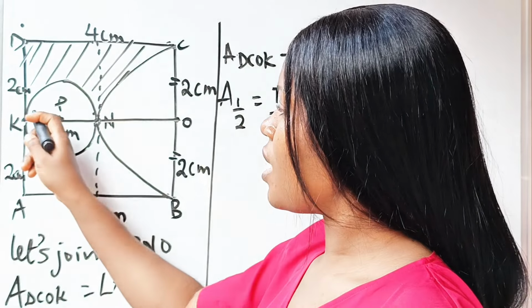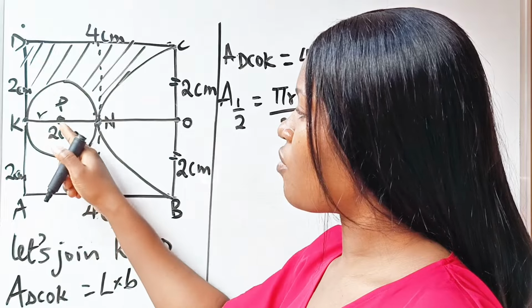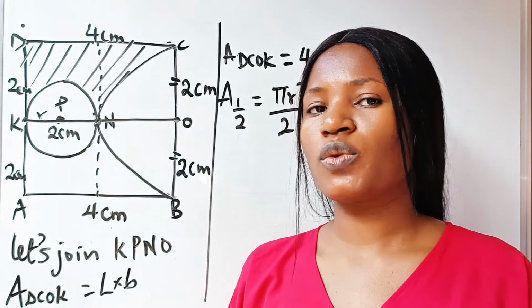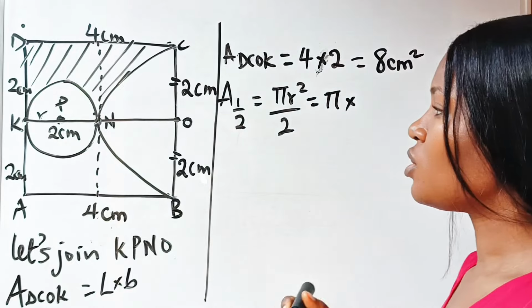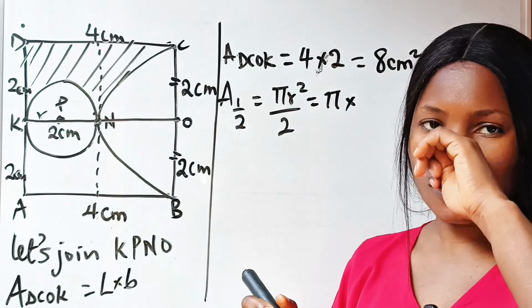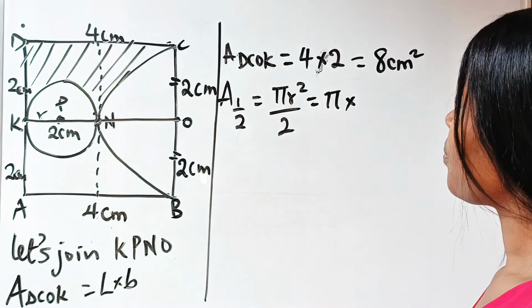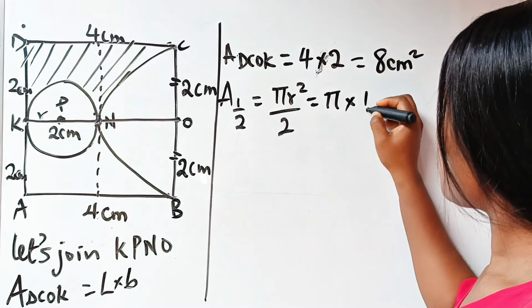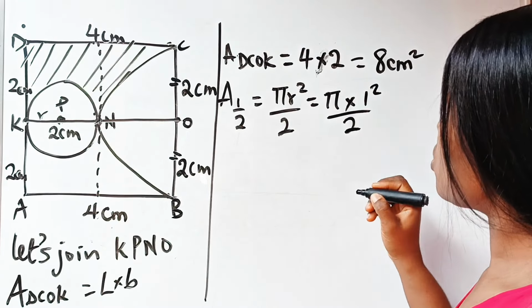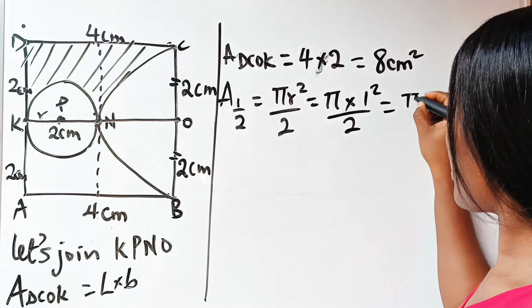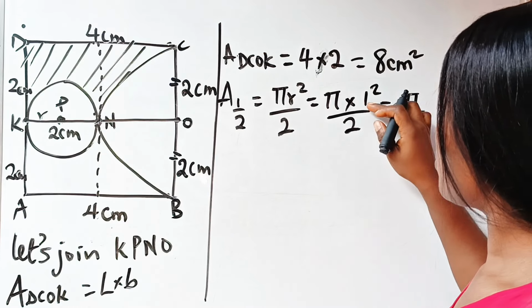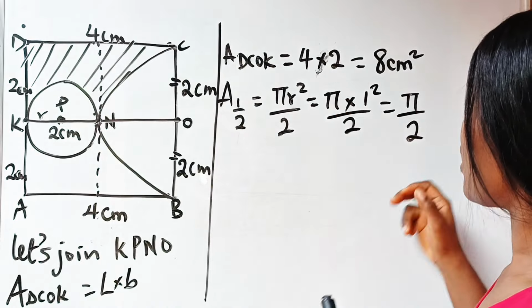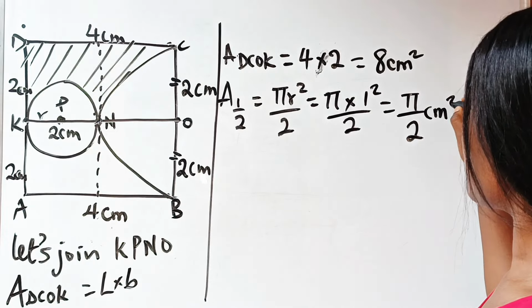So the radius then happens to be half of the diameter, which will be 2 divided by 2, which will give us 1 cm. So the radius of the smaller circle is 1 centimeter. Therefore, the area will be pi times 1 squared divided by 2, which will give us pi over 2, because 1 squared is still 1. So we have pi times 1 is pi divided by 2 centimeter squared.